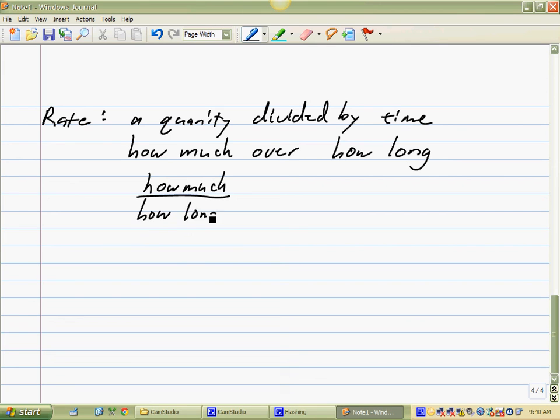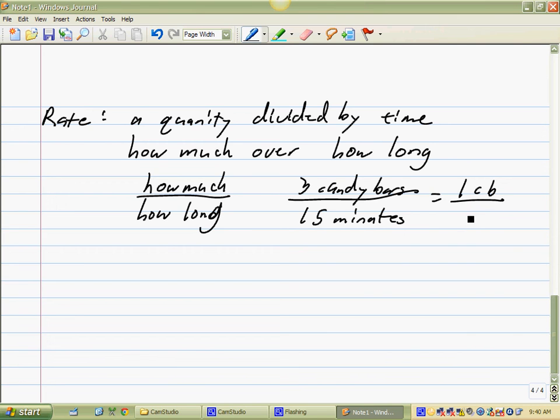So it could be, you know, I ate 3 candy bars in 15 minutes. That equals 1 candy bar per minute, or 5 minutes. Excuse me. So it takes me about 5 minutes to eat a candy bar.